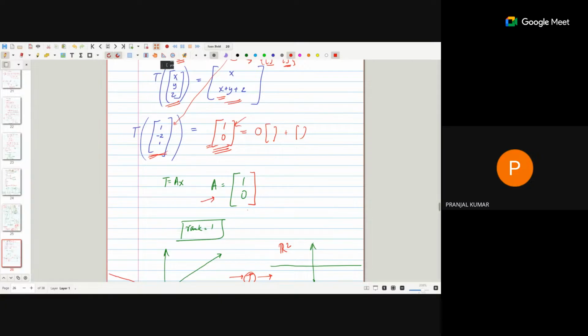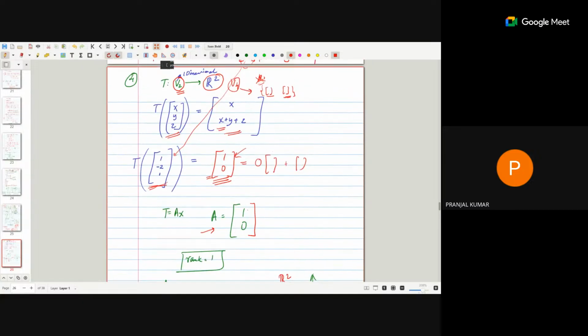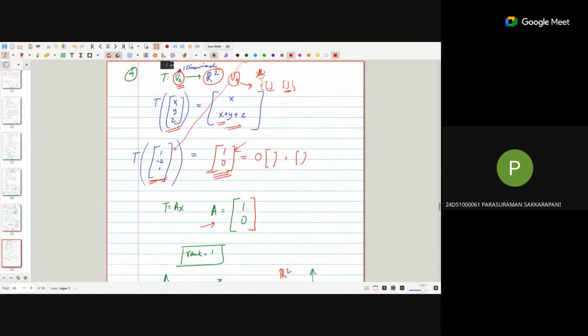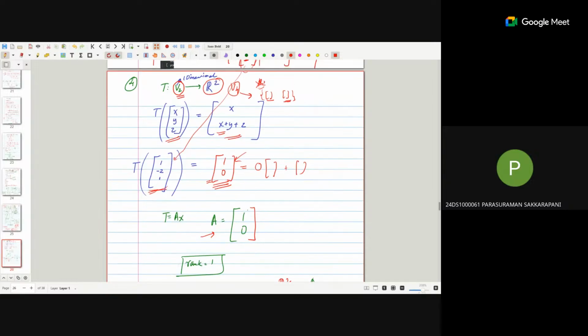Is this clear? Yes, sir. Sorry to stop here, sir. In our previous examples we are using a standard basis, right? Here, since we got V2 as some basis, we replaced it with that vector (1, minus 2, 1) and got this one, right?